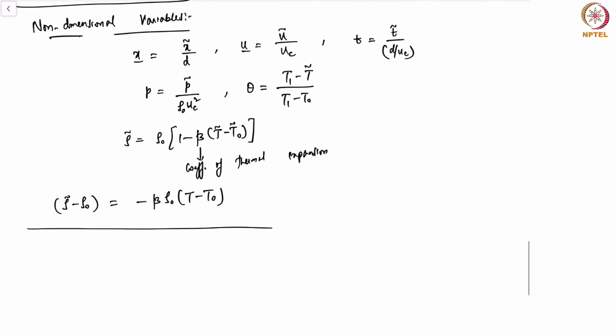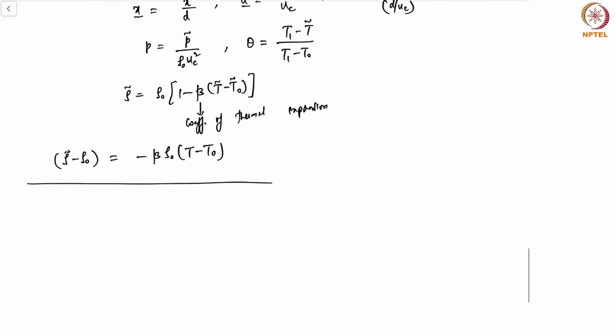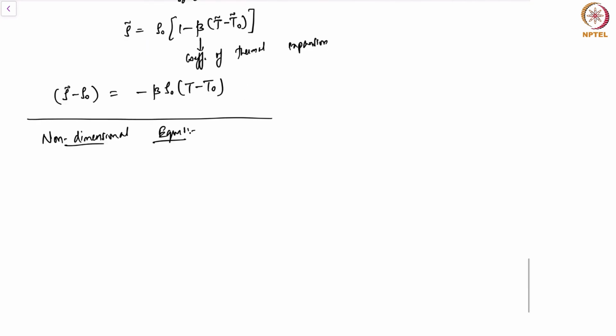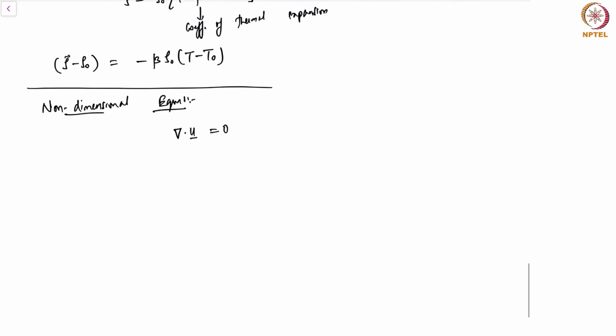If I substitute these non-dimensional variables into my equations, then I get the non-dimensional equations. Let me write that down. The non-dimensional equations would be, the continuity equation remains the same. The momentum equation, we have divided throughout by rho naught density.